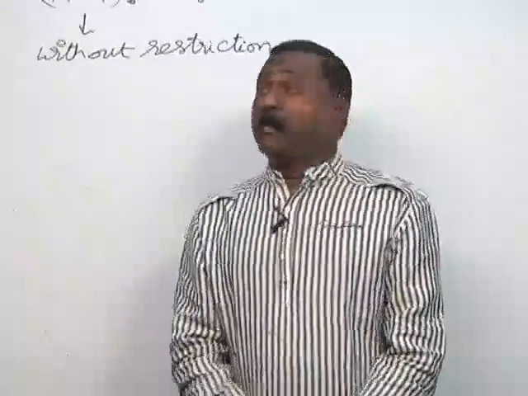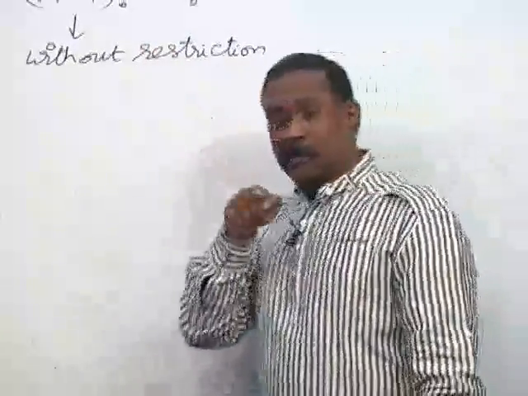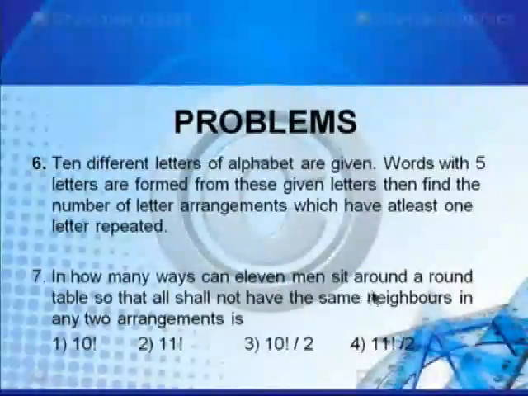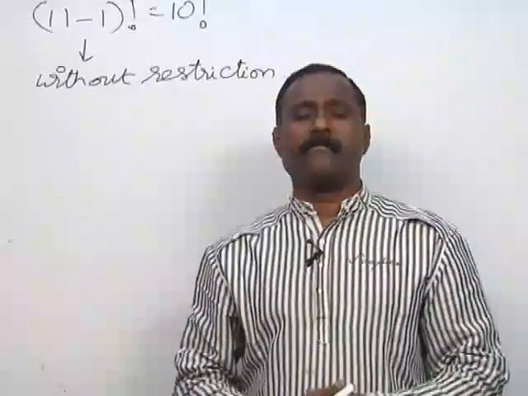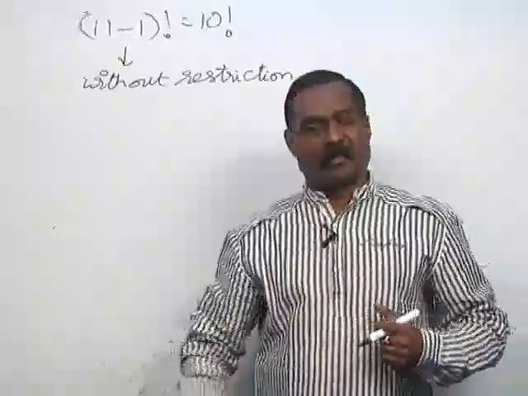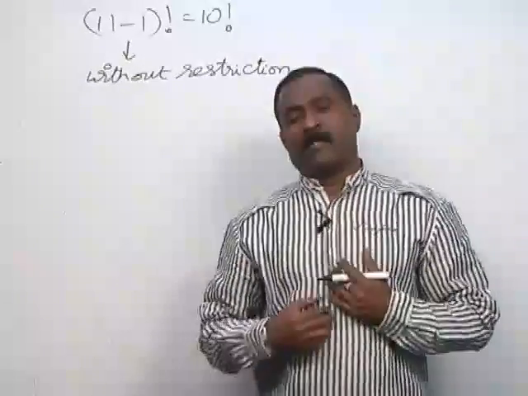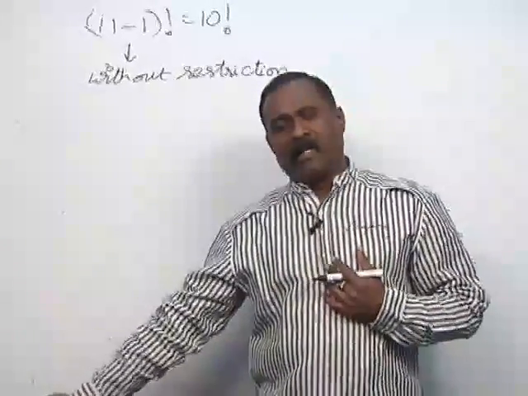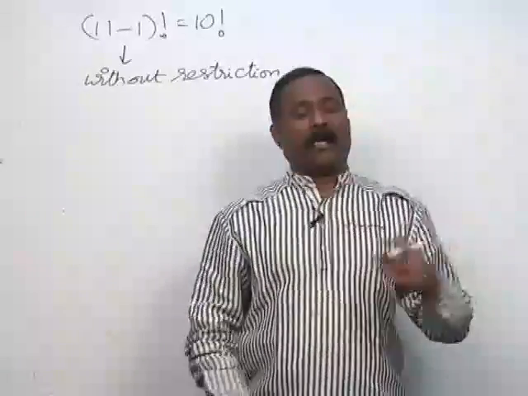But here it is without any restriction, but in this question the restriction is there. What is the restriction? They should not have the same neighbors. Let me say, I am here and on my right hand side 1 person is there. Let me say Mr. Srinivas is there on my right hand side. Ms. Aishwarya is there on my left hand side.